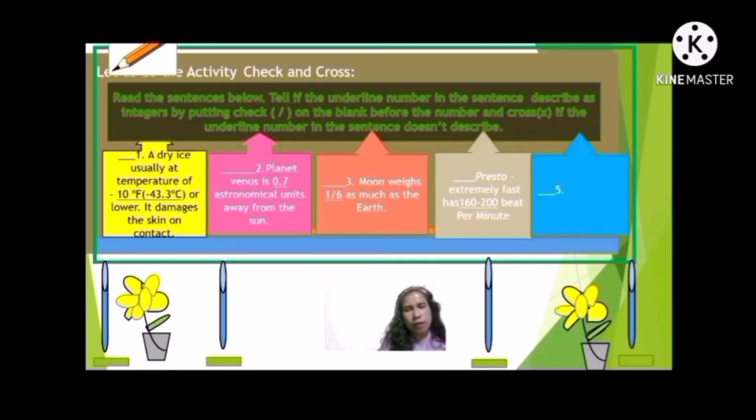Number 5. What is the sum of negative 3 plus 6 equals positive 3? How come? You will learn that next week or in the next module.